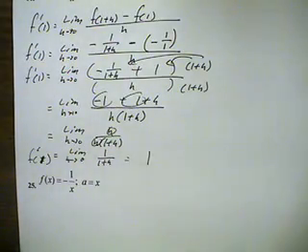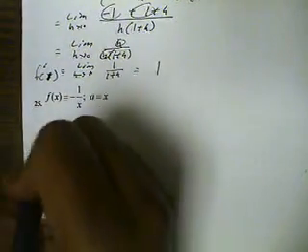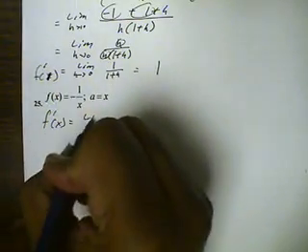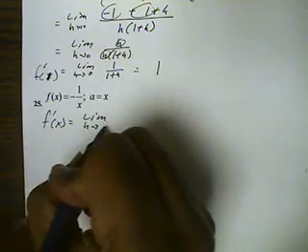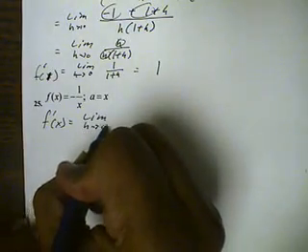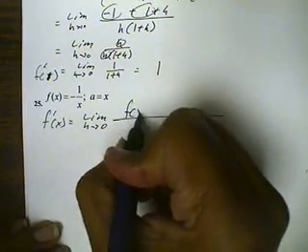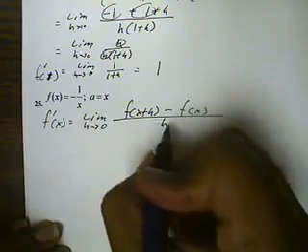Okay, next, lastly, we want to do this in general, so we'll begin with the same function. Limit, but we're going to use x instead of 1. Limit as h goes to 0. Our function is f of x plus h minus f of x all over h.